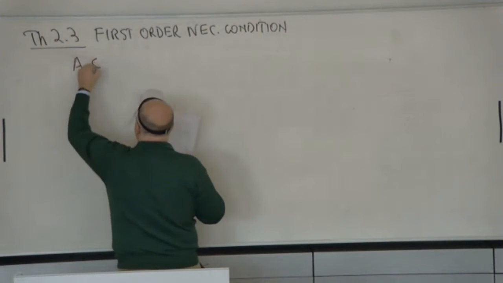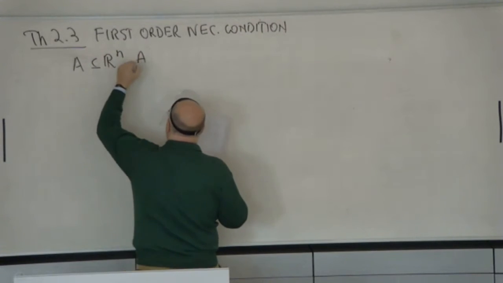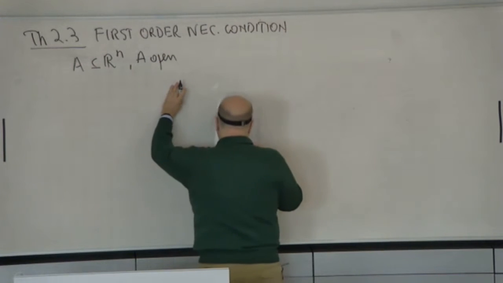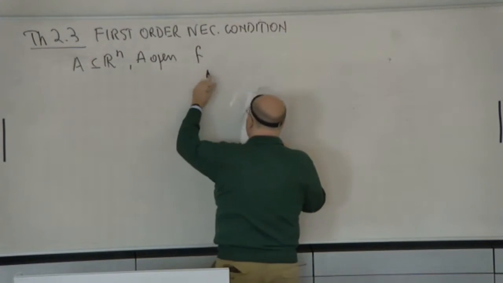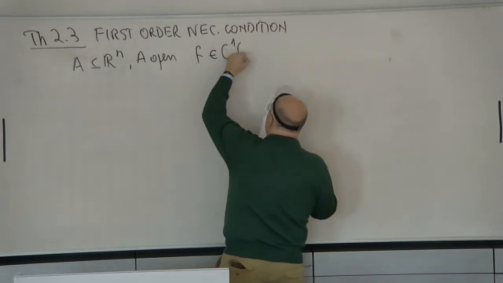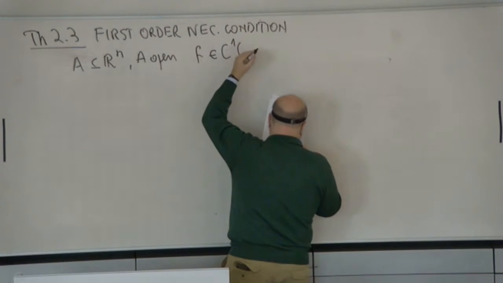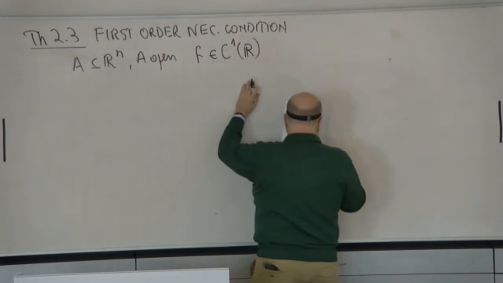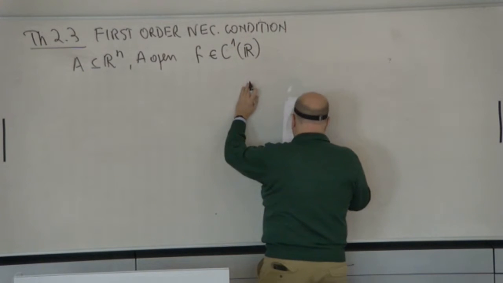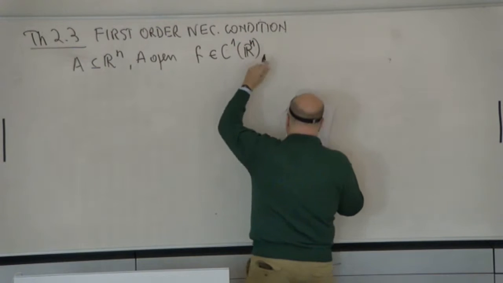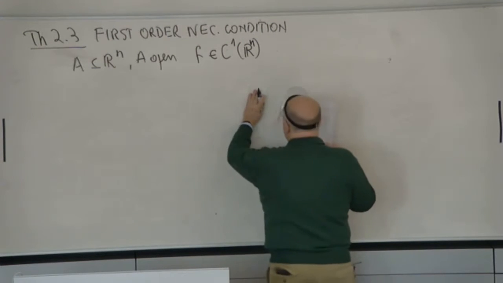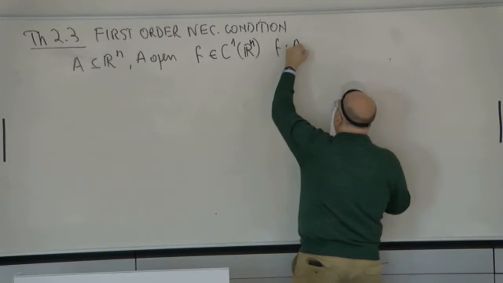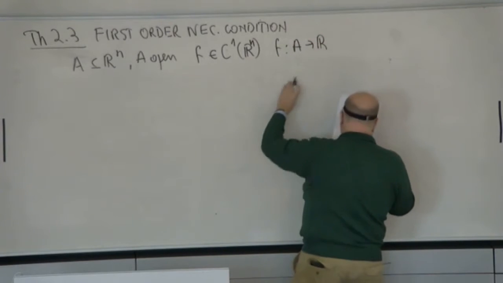Again, A is a subset of Rn, A is open, and F is at least C1 on, say, Rn. Well, it could be A actually, but let's say Rn. And we assume that F goes from A to R.